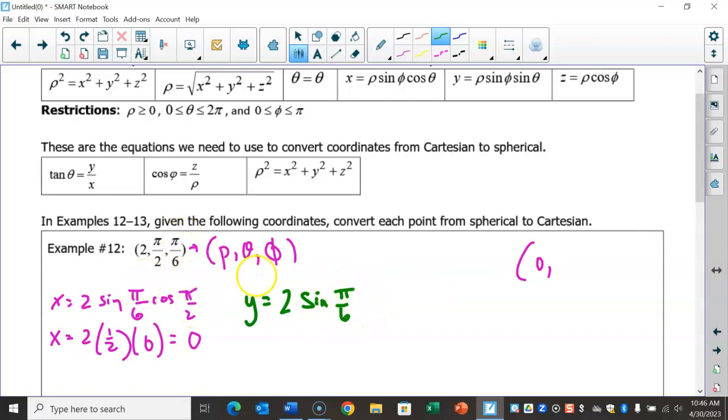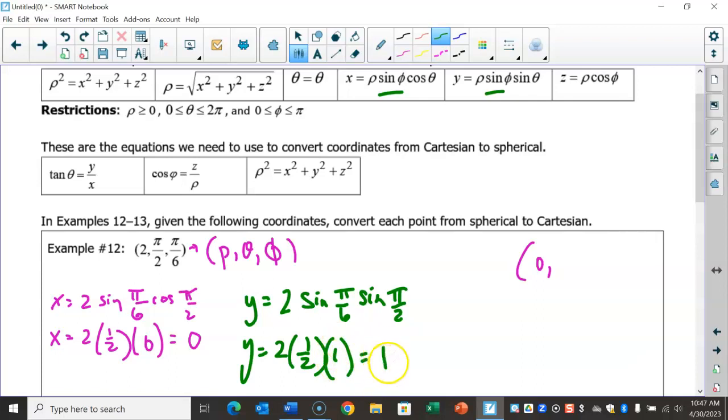They both have the same equation for that, sine of phi. And then we're going to take the sine of theta, which is pi over 2. And we're going to start simplifying this down. So 2 hasn't changed. The sine of pi over 6 is still going to be 1/2. The sine of pi over 2 is going to be 1. So we're going to simplify this down and we're going to get the coordinate of 1. So there we go with that.